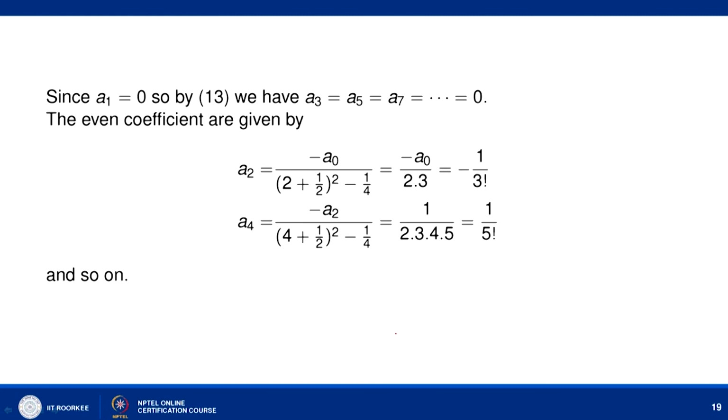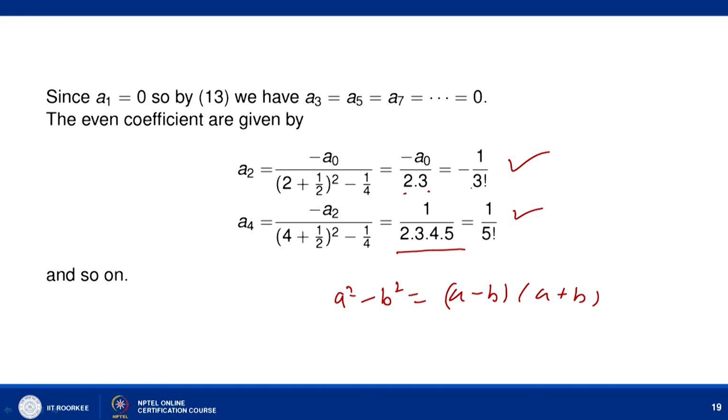So, here we have a_2 as minus 1 upon factorial 3, a_4 as 1 upon factorial 5. You can simply calculate a_4 as minus a_2 upon (4 + 1/2)^2 - 1/4, and we can write it like this. In fact, you can use the formula of A square minus B square as (A minus B)(A plus B). So, a_2 is minus a_0 upon 2 into 3, a_0 is 1.